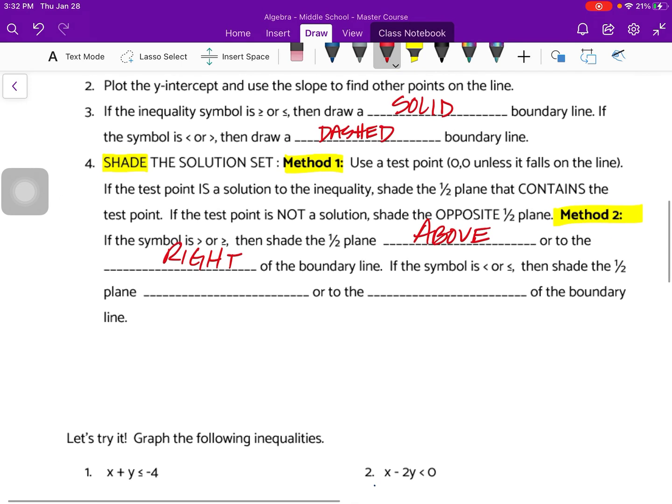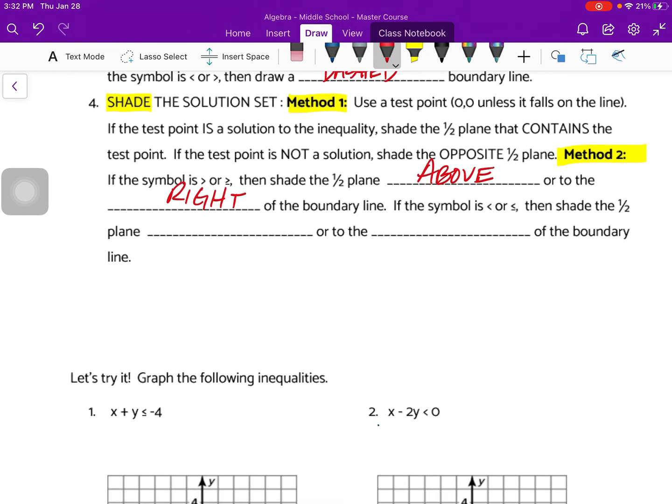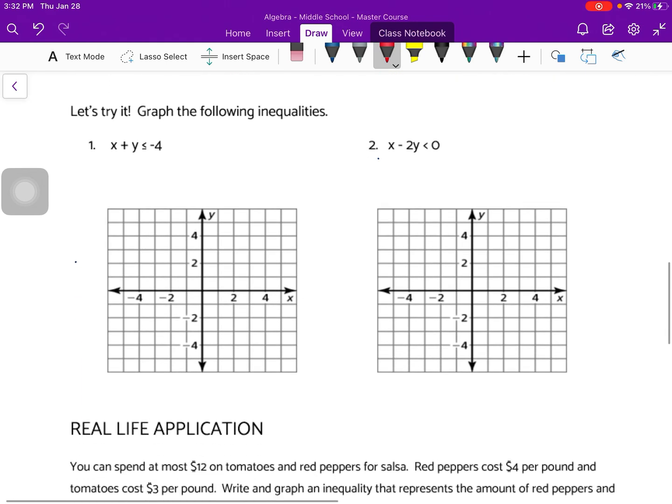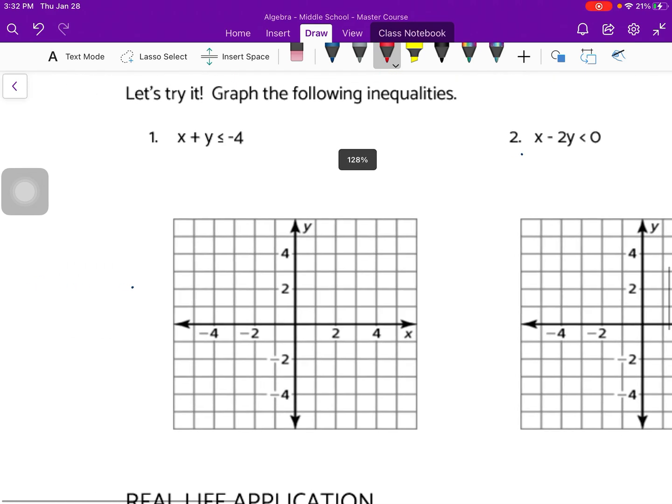If it is less than or equal to, then you shade the half plane that is to the left or below the boundary line. So again, think common sense. Where do numbers fall that are bigger than other numbers? Above that line. So think about which direction positives and negatives go on the number line. Okay, but again, checking it with your test point is always a foolproof method as well. So I'll talk through that as we look at our first 2 examples.